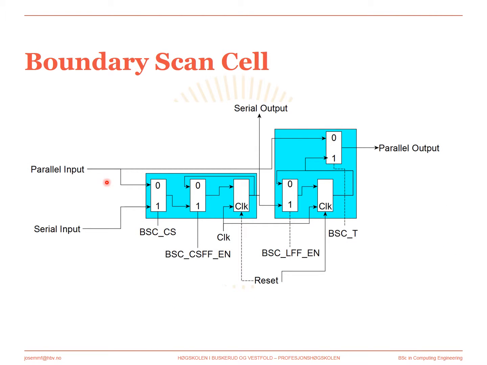This block diagram shows the standard boundary scan cell, but with some additional multiplexers and enable signals attached as well. The BSC-CS and the BSC-T are attached to the original multiplexers, and the 2 flip-flops are also part of the original boundary scan cell design.